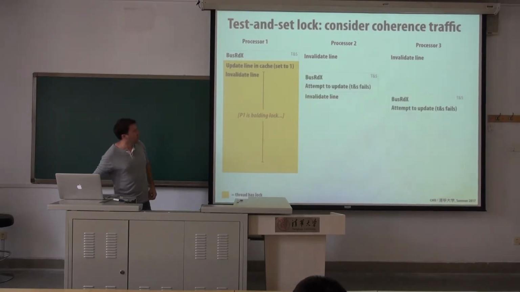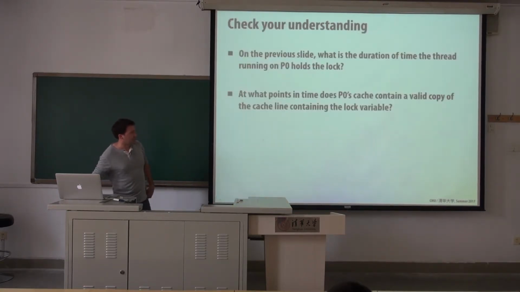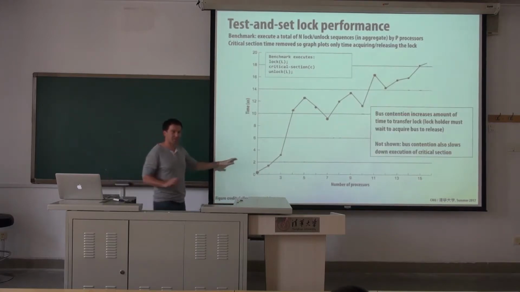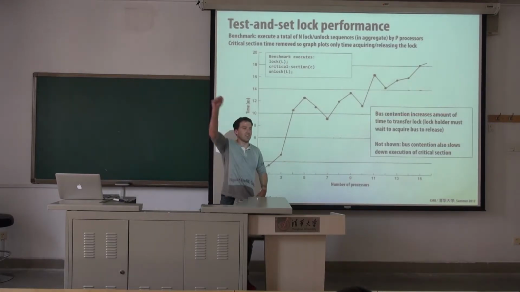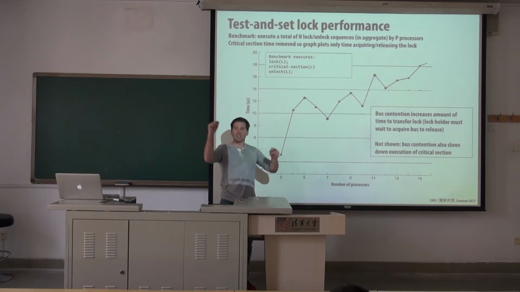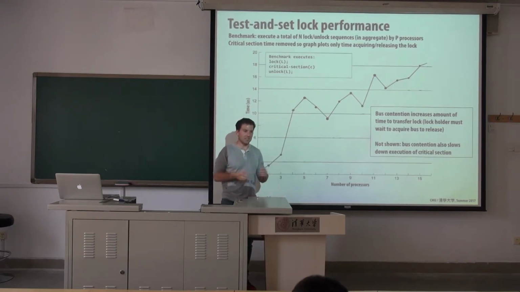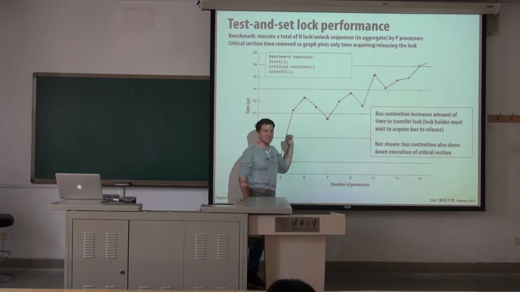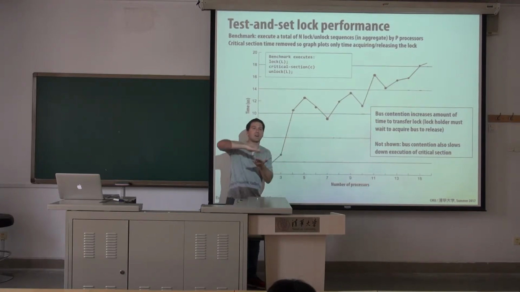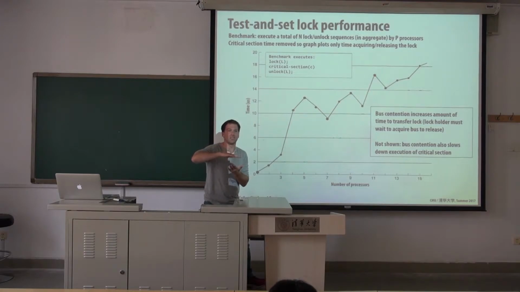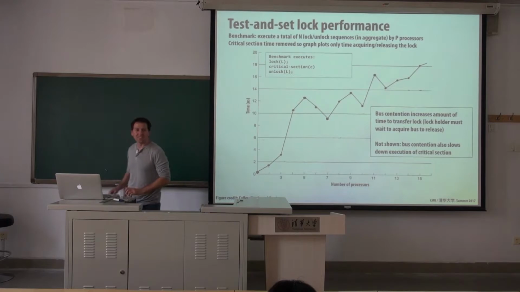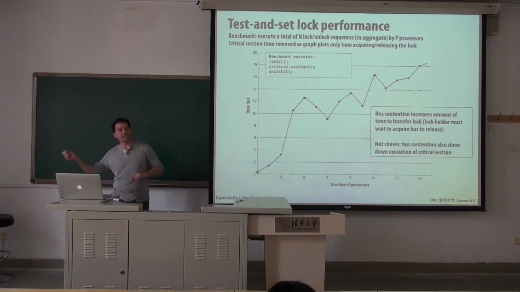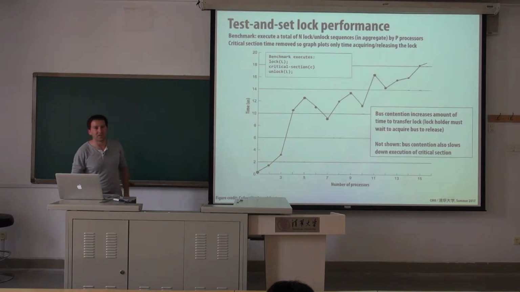This was an interesting measurement: the more threads you have all saying, can I have the lock, can I have the lock, and generating invalidate, invalidate, invalidate, it actually slows down the thread in the lock. This is the average amount of time in the critical section, which is the opposite of what we want to have happen. All of this wasted, can I have it, nope, can I have it, slows down your whole program.